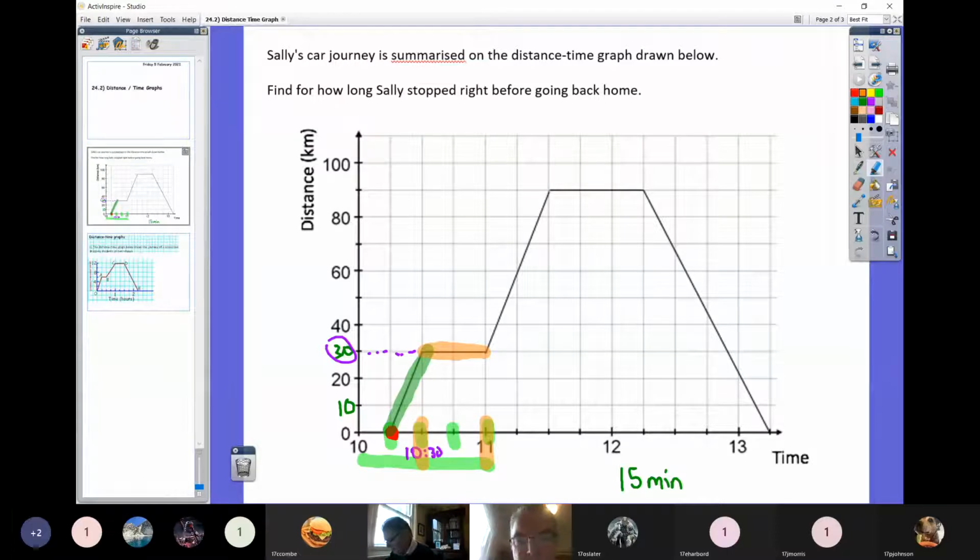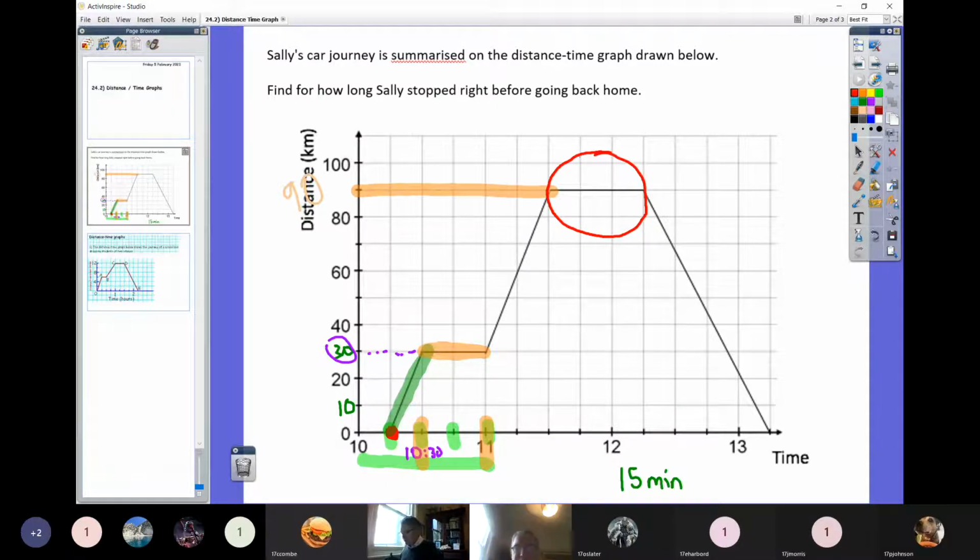Okay, now the question might go and say, what was her furthest distance from home? Okay, so you would just take that reading at the top and say the furthest distance from home was 90 kilometres. Okay, the question might say, how long was her longest stop? So that would be that bit at the top there. How long is that for?